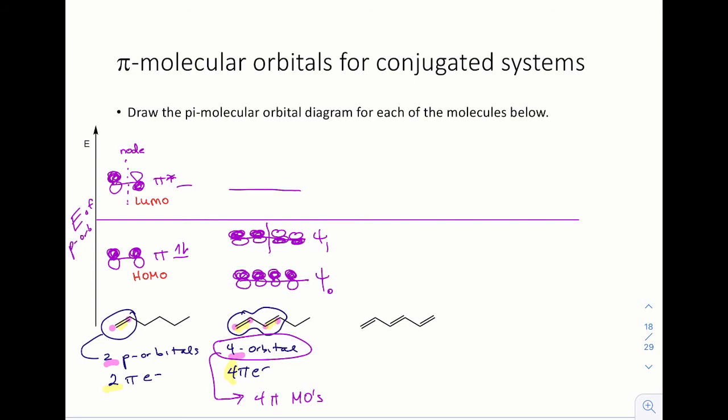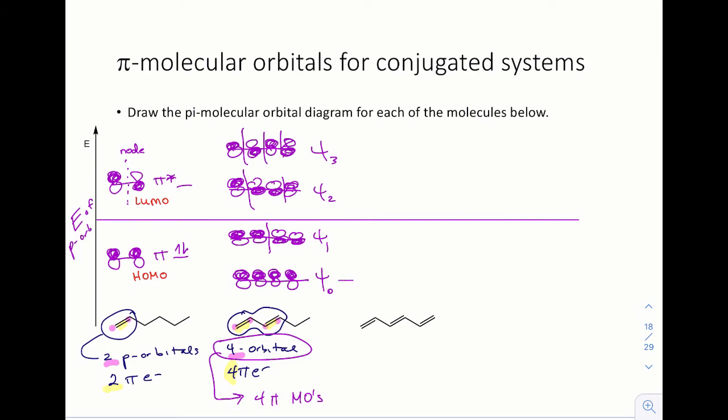The next highest energy orbital, called psi 2, will consist of 2 nodes where the atoms combine out of phase between carbons 1 and 2 and 3 and 4 of this pi system. Finally, the highest energy orbital, psi 3, contains 3 nodes. There is a node between each pair of adjacent atoms.